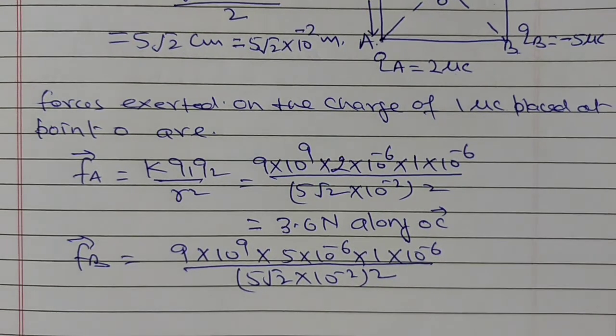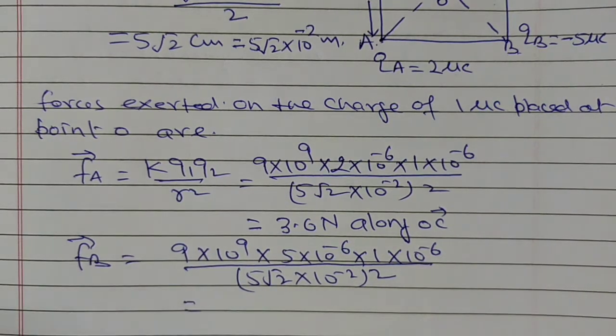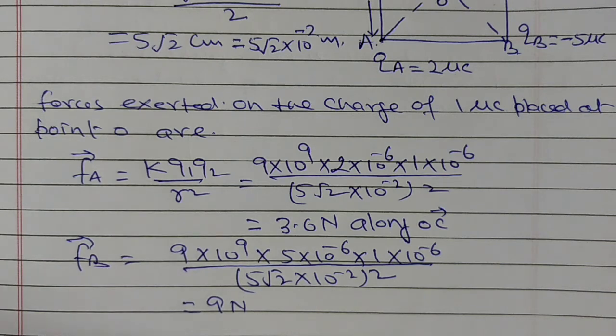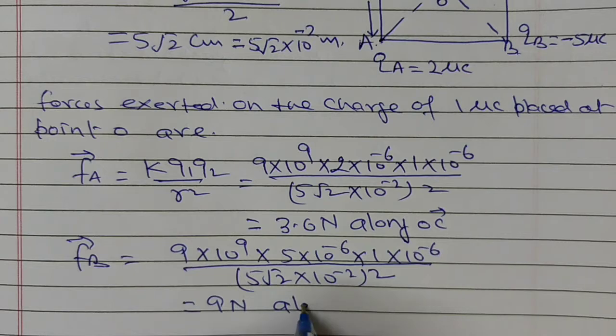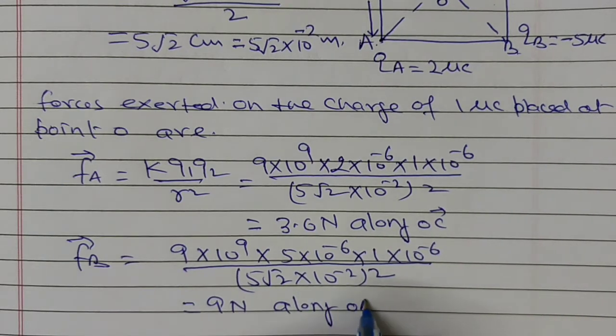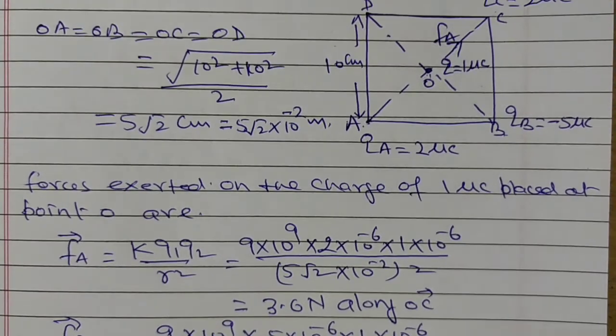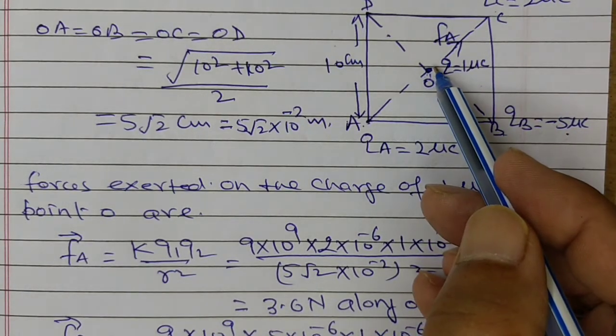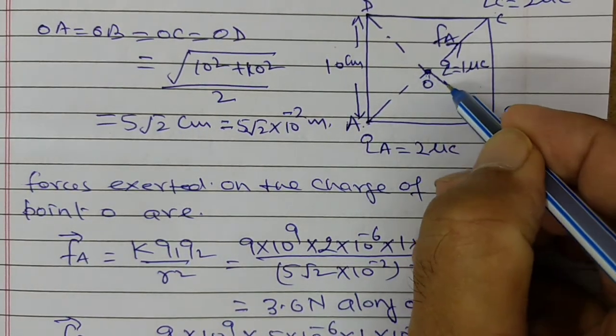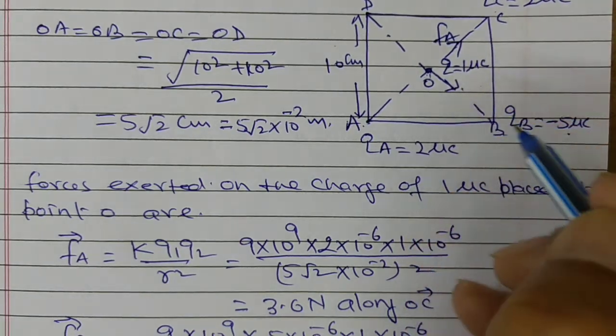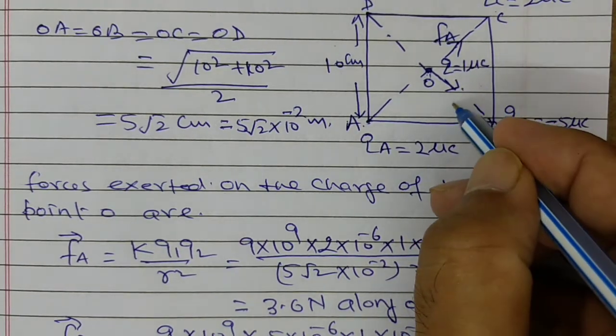Now on solving this is equal to 9 Newton, and this is along OB, because this charge is negative and this is positive, therefore there is an attractive force, and this is here, this is FB, right?